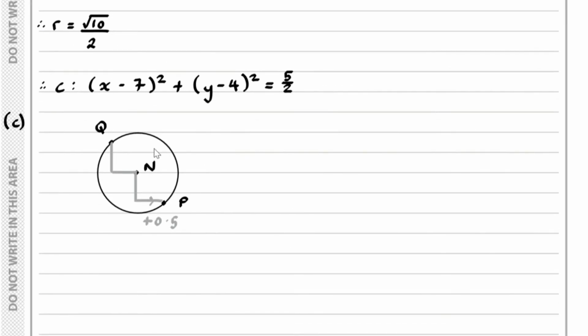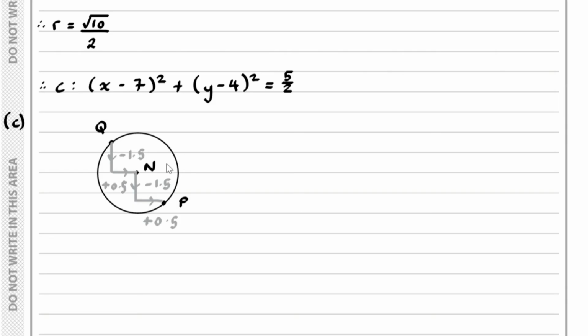So if we scroll down here, we go down by minus 1.5, 3/2 in other words. So we have to do the same thing here. We add on 0.5, and then here we would take away 1.5.